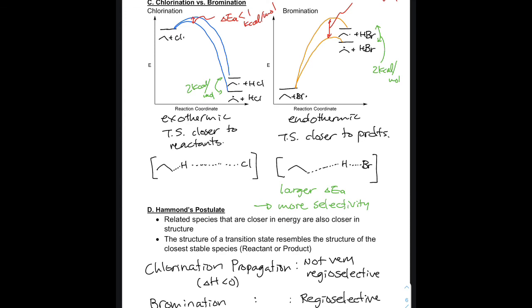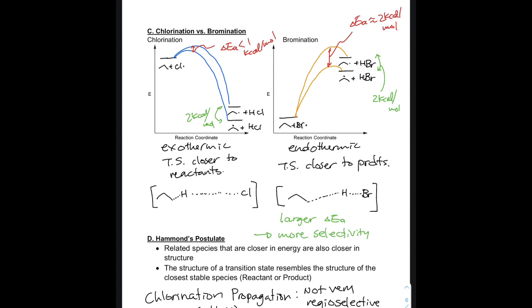It's kind of like if you want a really worthy goal, a really hard job to get or hard goal to achieve, if you're really picky about where you want to end up, like regioselectivity, if you have a really picky preference for where you want to end up in your life, the path to get there might be more of an endothermic situation.